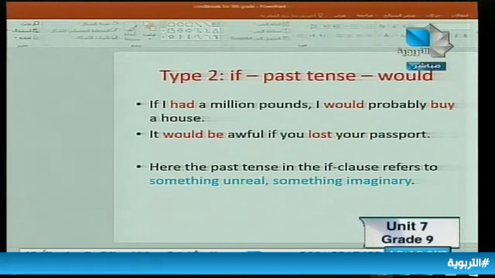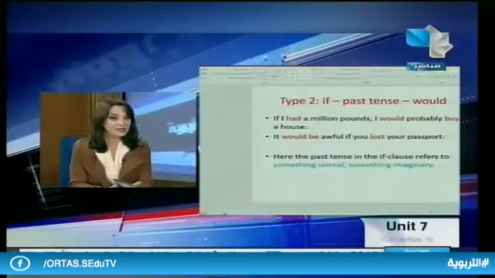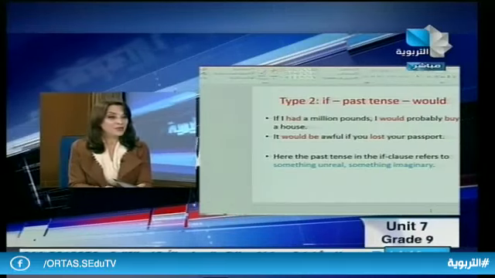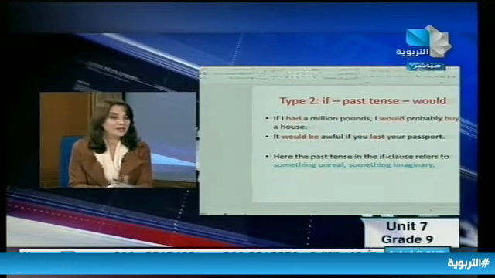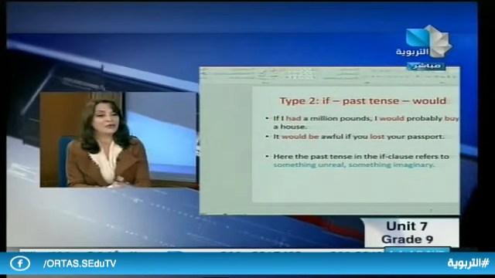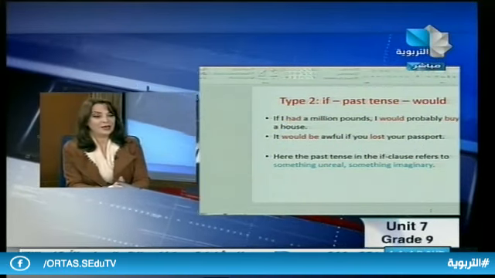So the message is about a possible or a likely event that will happen in the future, of course, if something else happens. Now, what about the second? We have if plus past simple. But does it really refer to the past? Actually, it doesn't refer to the past. We'll talk about that, but let's first give you examples.